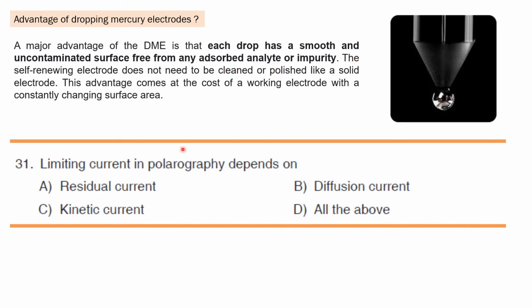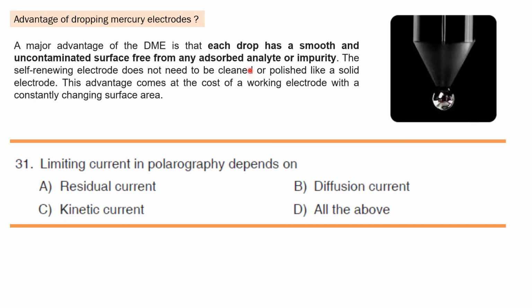When you are using a solid electrode, the problem is that there can be a possibility of contamination because some materials can be adsorbed to the surface of the solid electrode. This is not possible with a dropping mercury electrode, because each time you are creating a new drop of mercury.